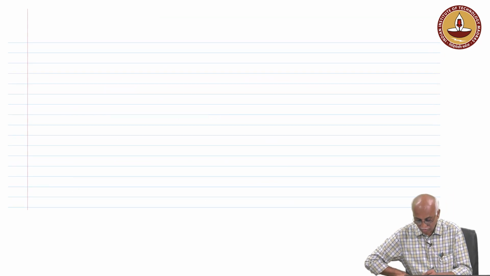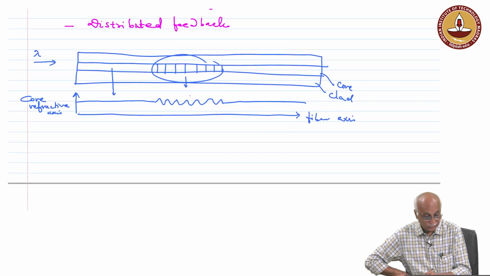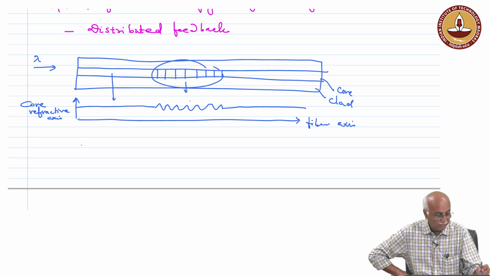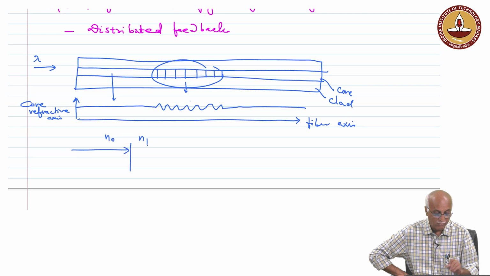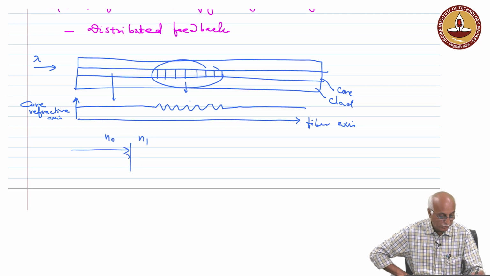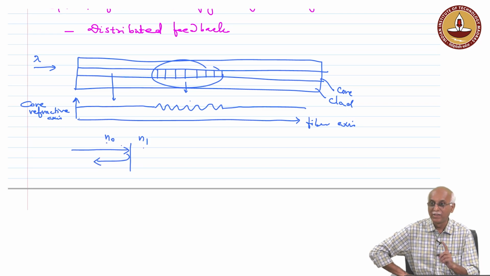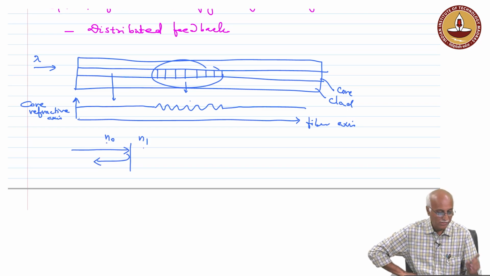Now, whenever there is a refractive index change, and the light is travelling like this, between medium n0 and medium n1, what do you expect? You expect some part of the light to get reflected back because of the Fresnel reflection, very similar to the approach of impedance matching.